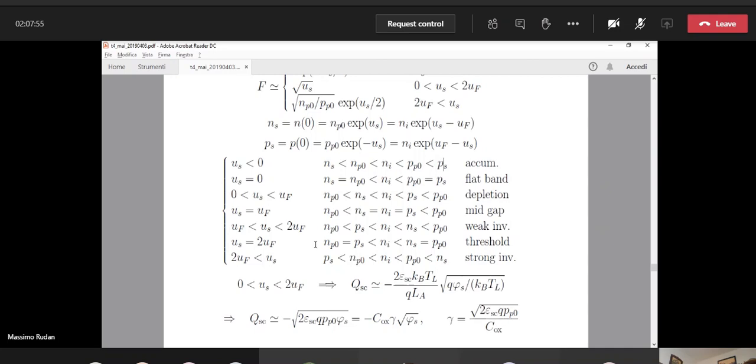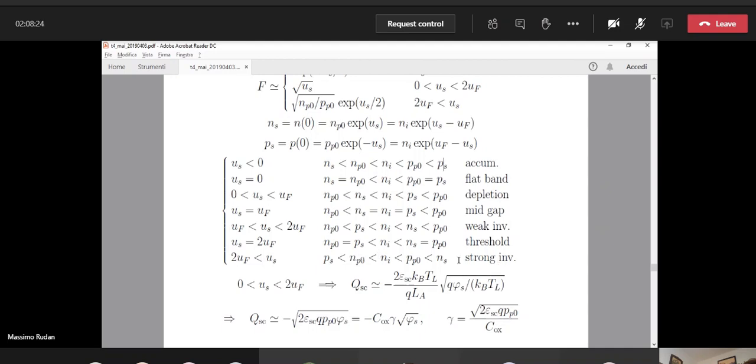Finally, if we still increase the surface potential so that US becomes larger than 2UF, then the surface concentration of the electrons becomes larger than the asymptotic concentration of the holes. And conversely, the surface concentration of the holes becomes smaller than the surface concentration of the electrons.